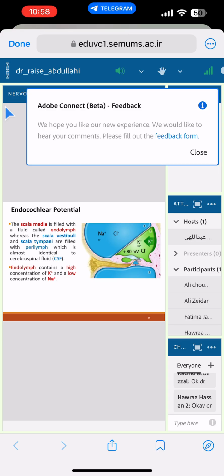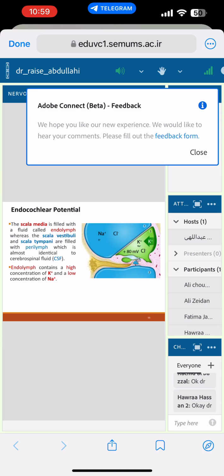Okay. Regarding the endocochlear potential, you need to pay attention that, as you know now, the scala media is filled with endolymph, but scala vestibuli and scala tympani are filled with another liquid, which is called perilymph.